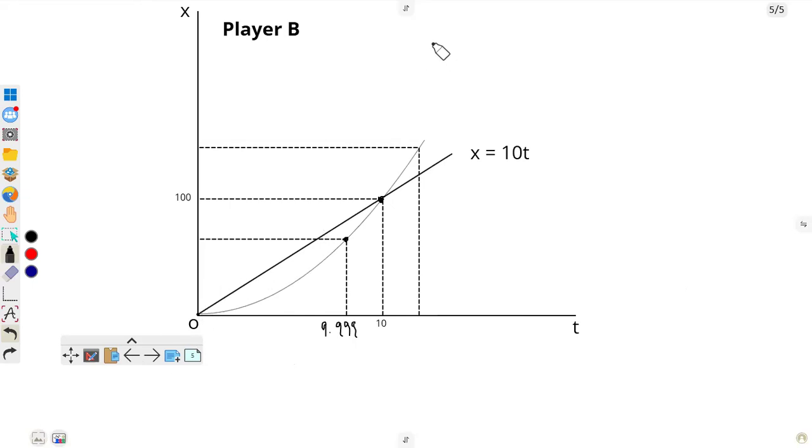And what property does a straight line have? Anyone? Does anyone know a special property of straight lines? It is unending.